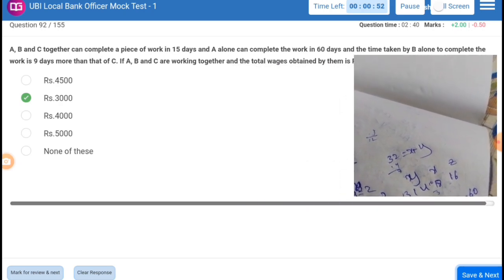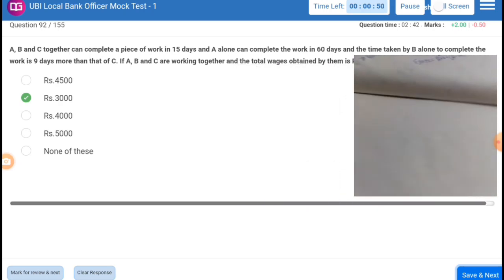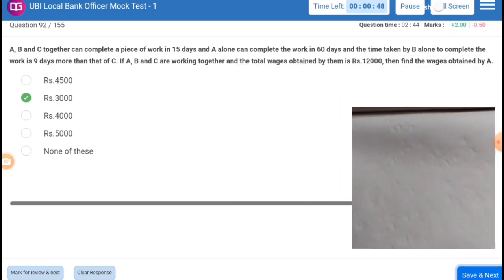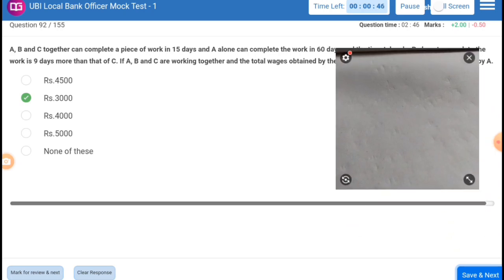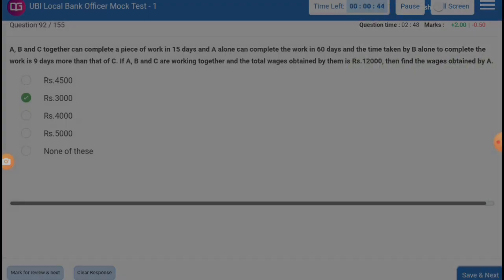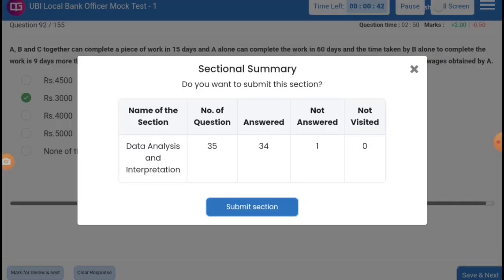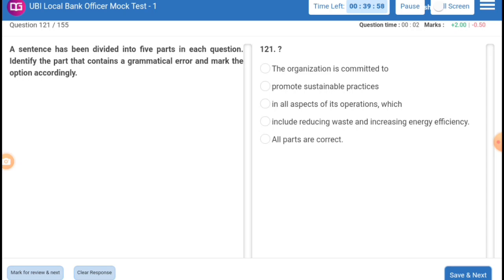So next, that is the English section. The organization is committed to promote sustainable practices in all aspects of its operations, which include reducing waste.